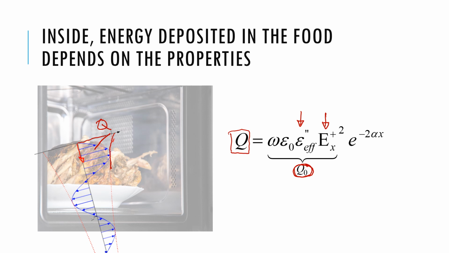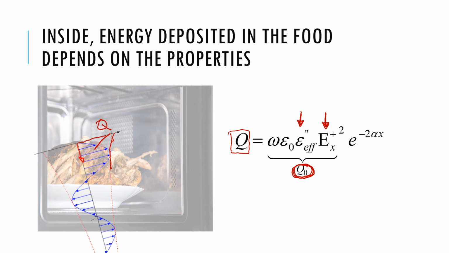And we know from a previous discussion that the electric field at the surface inside the food is going to depend on the dielectric constant. So both of these show that the heat generation at the surface depends on the dielectric constant and dielectric loss of the food.